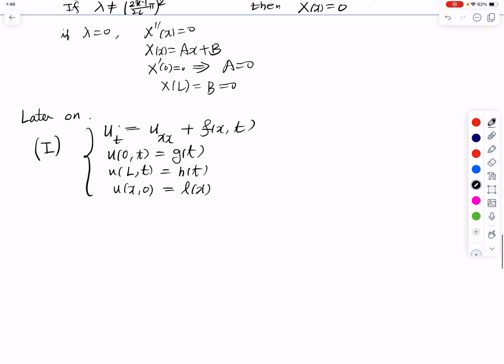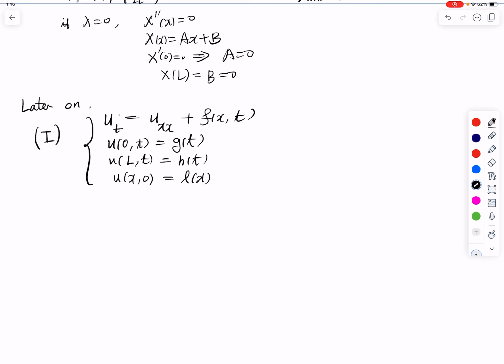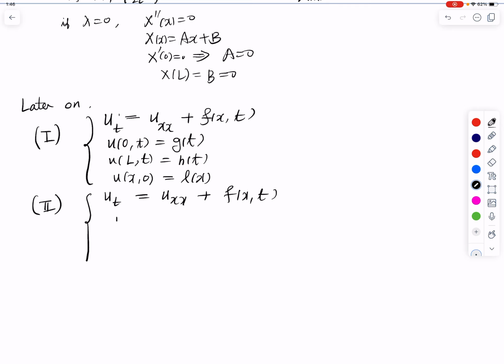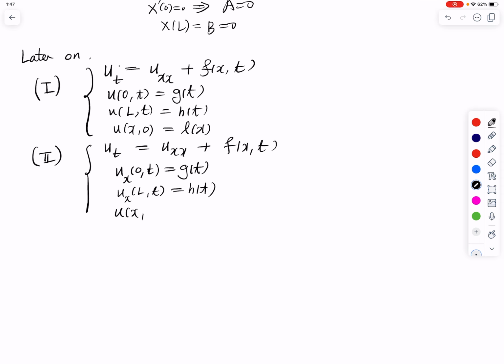And then you can make another problem, the same equation, u t equals u xx plus f(x,t), and then u sub x of (0,t) equals g(t). I just change the boundary condition. u x(L,t) equals h(t), and then u(x,0) equals l(x). So this problem.